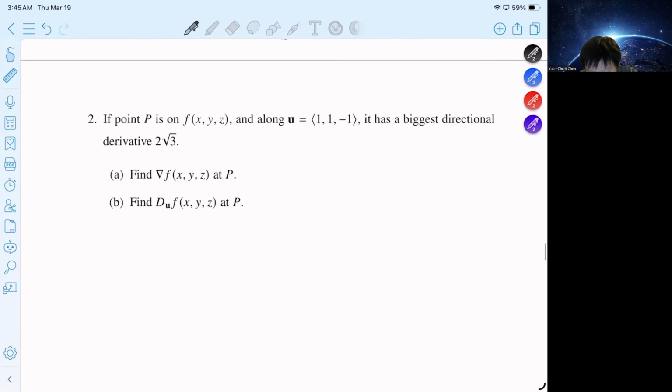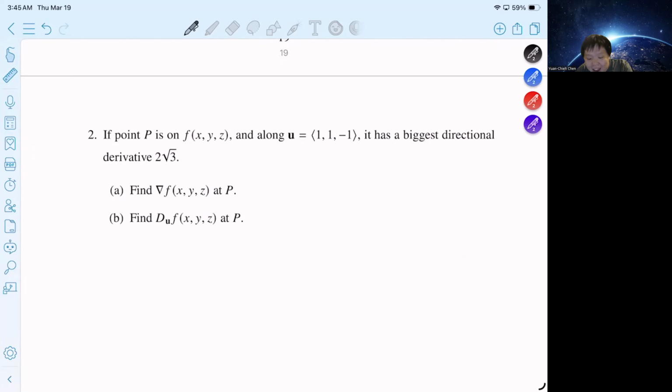Okay, what about the next question? If at point P, along this direction, f has the biggest directional derivative, equal to 2 square root of 3, we have to find the gradient and the directional derivative.